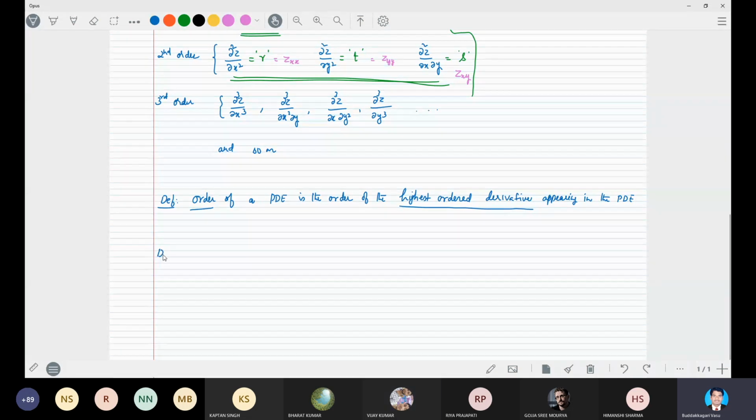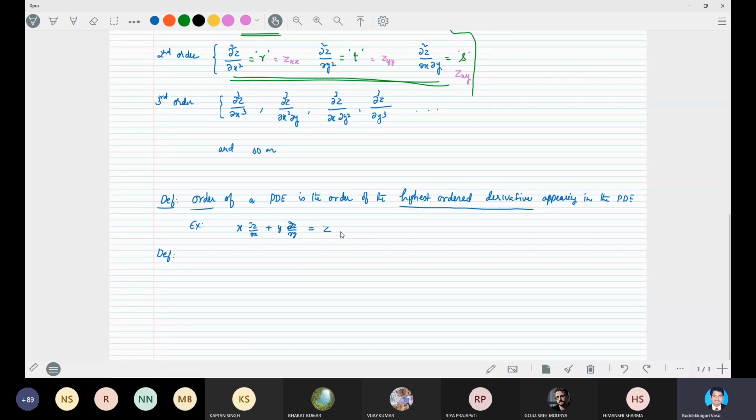Let's take an example here: x into dou z by dou x plus y into dou z by dou y is equal to z.